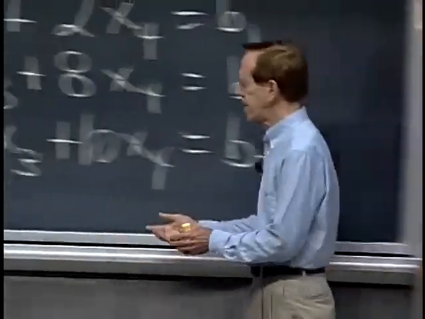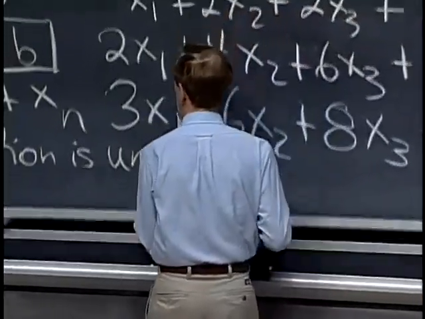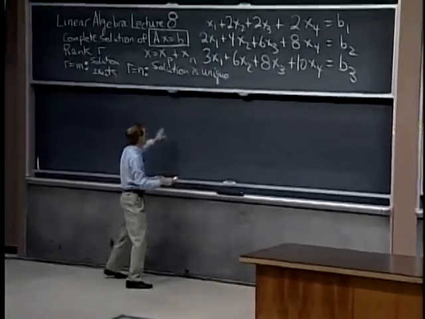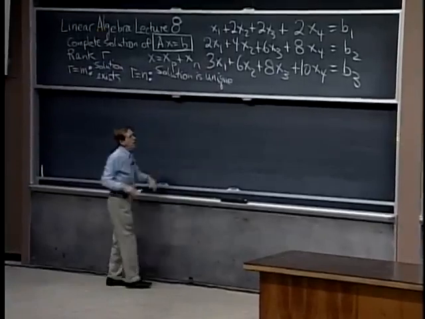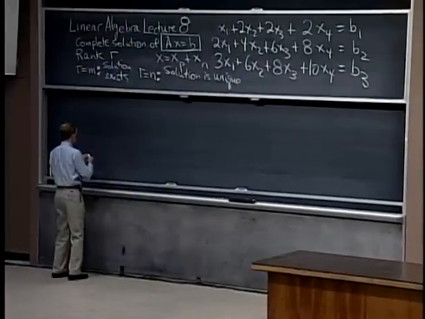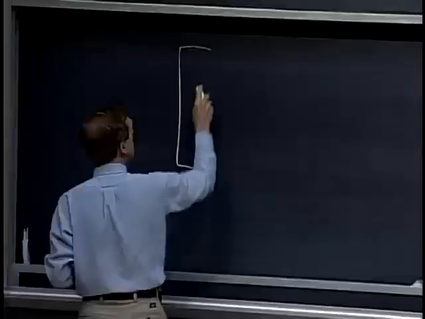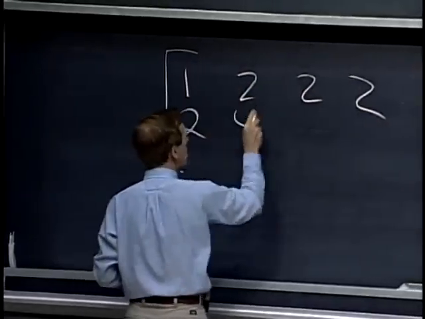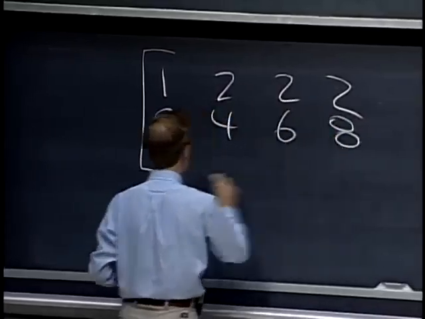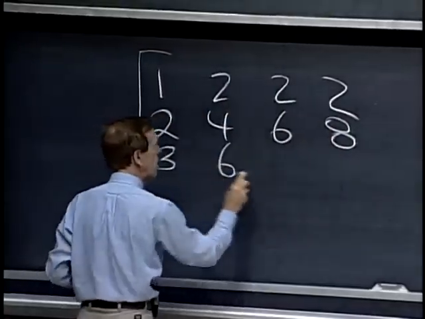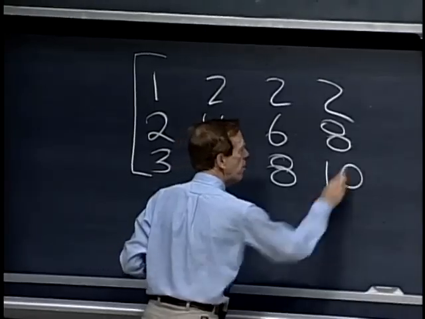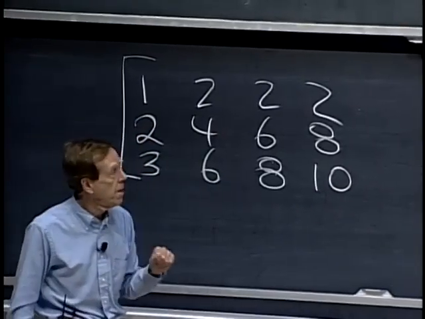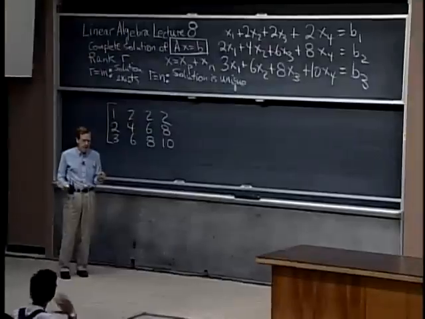Okay, so let me take that example and write down, instead of copying out all the plus signs, the matrix 1, 2, 2, 2, 2, 4, 6, 8, and 3, 6, 8, 10, where the third row is the sum of the first two rows. Now, how do we deal with the right-hand side?